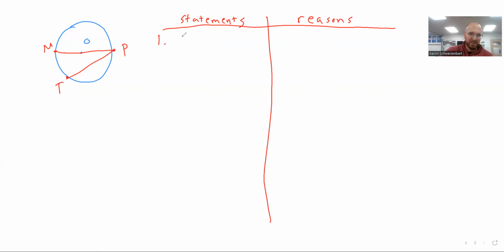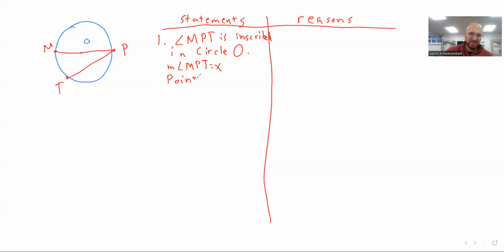So I've got angle MPT is inscribed. That means it's touching the outside edge. My drawing's not perfect. It's a little hard to do on the computer. In circle O. I call it circle O because O is the center point of the circle. Measure of angle MPT, we're going to call X. And point O lies on the diameter of PM.